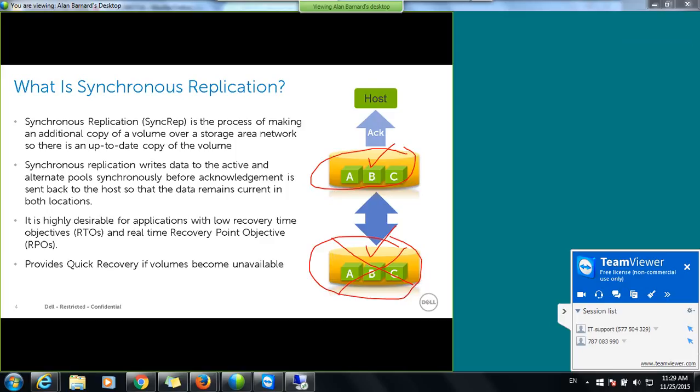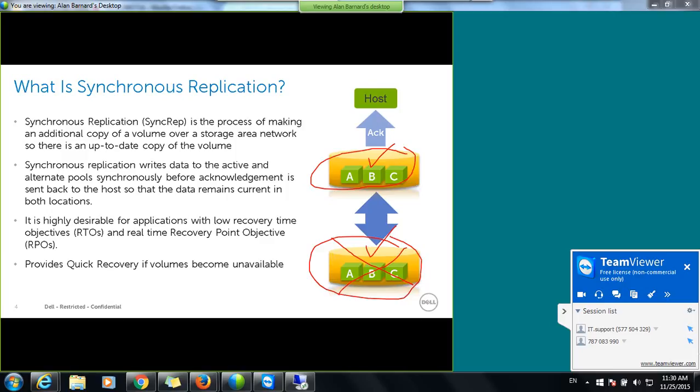So as you have mentioned, sync-rep is a live update of what is happening on the original site, if you're implementing this type of replication. So real-time replication.